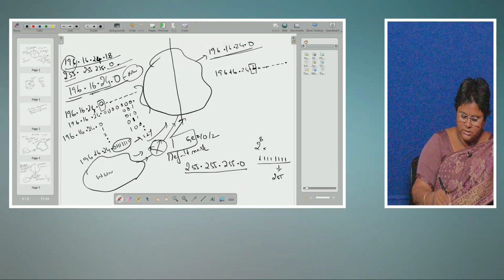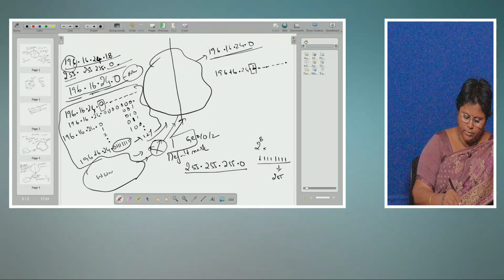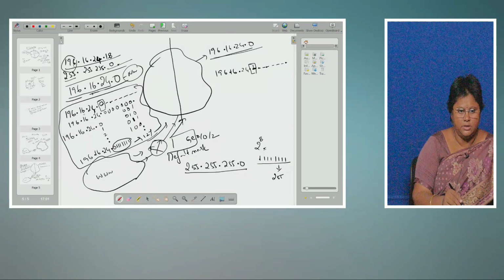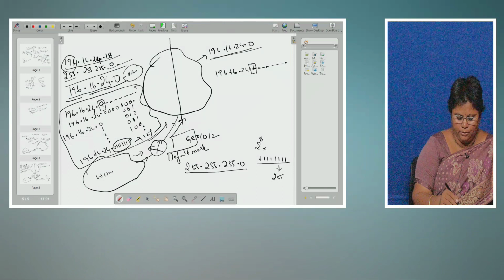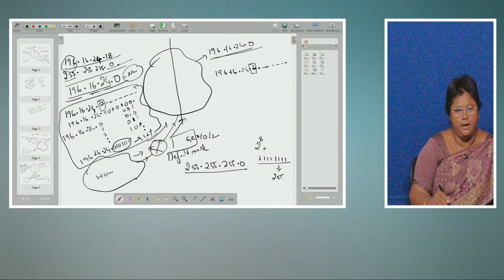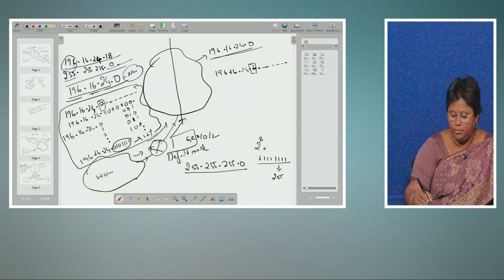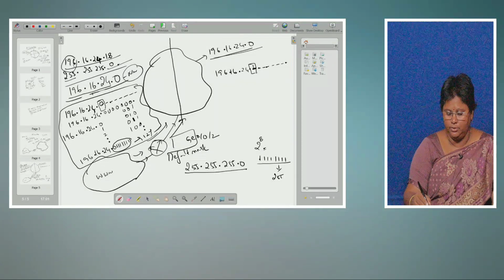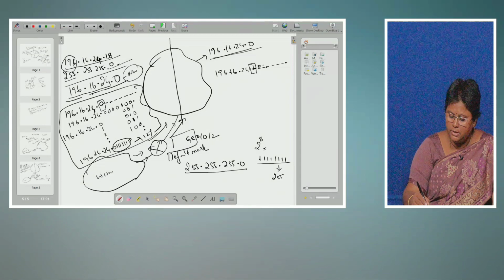So the first set of IP addresses comes to be 196.16.24.0 to 196.16.24.127.